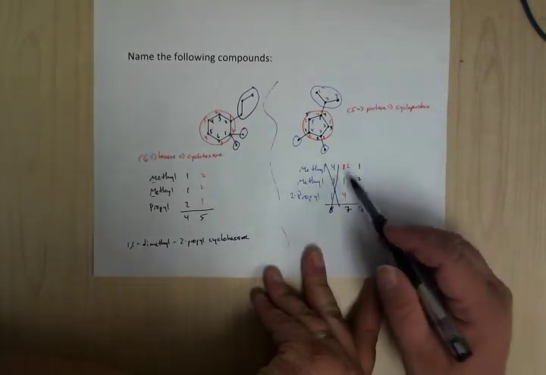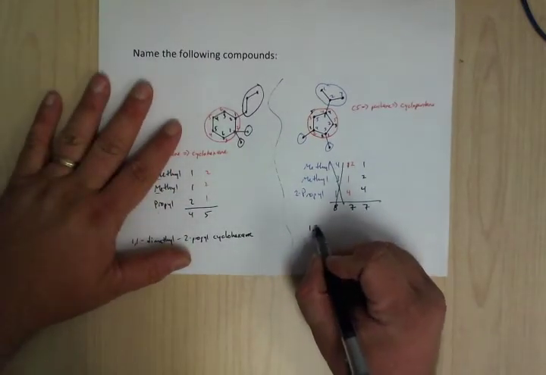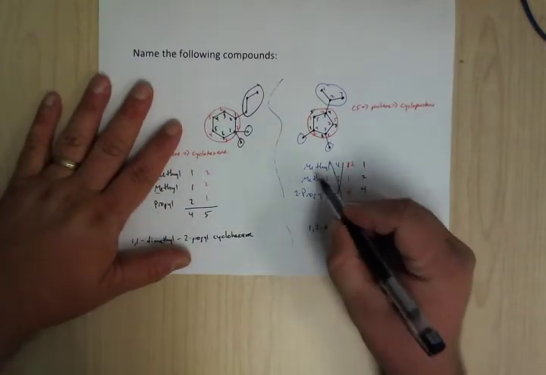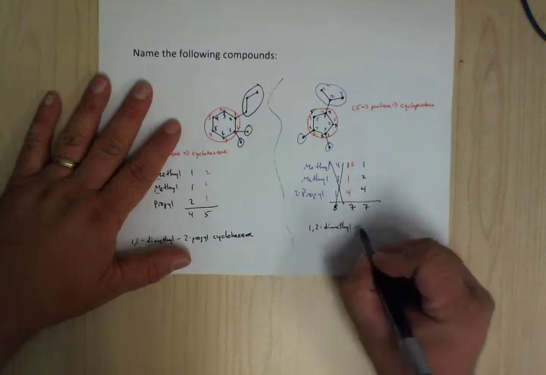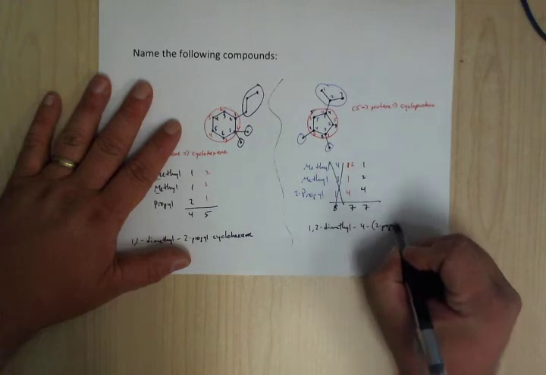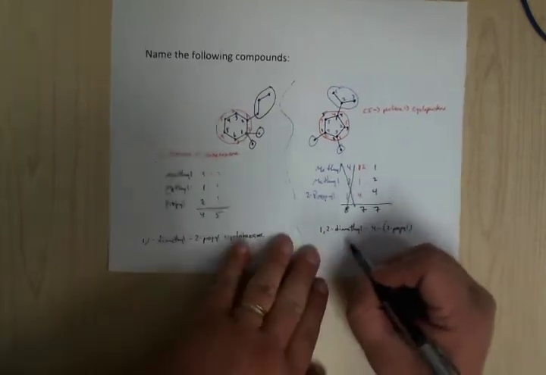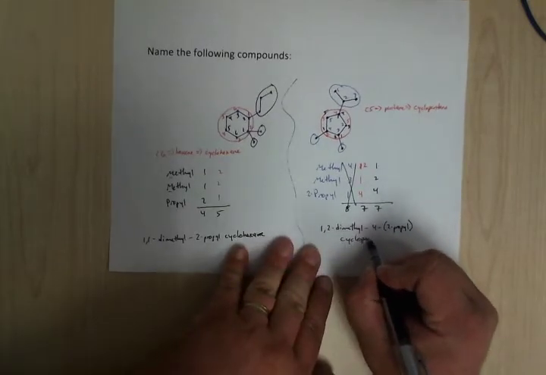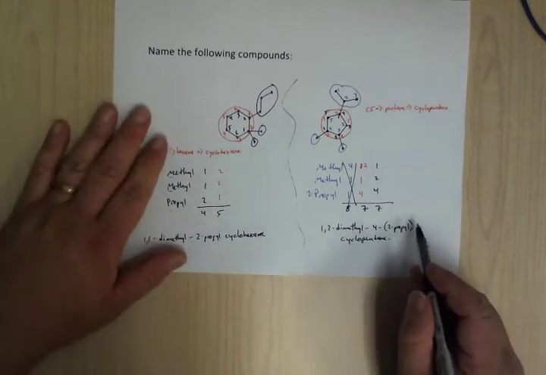It actually would give you the exact same names. So this one ends up being 1,2-dimethyl, because methyl comes before propyl, dimethyl, methyl, 4-(2-propyl)cyclopentane. Okay, there you go.